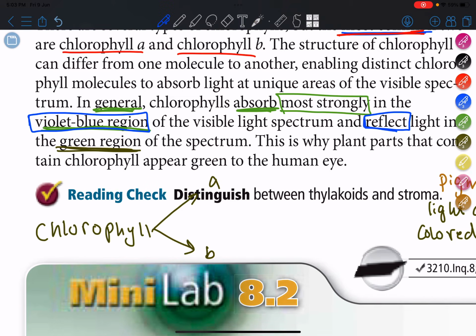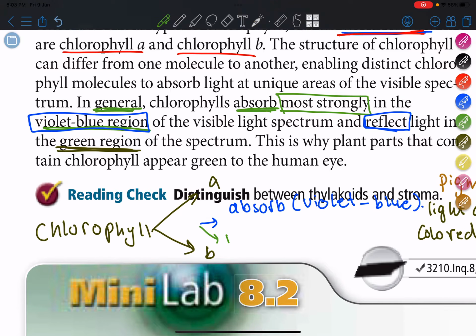What light the chlorophyll molecule absorbs depends on the molecule, but in general, they will absorb in the violet, blue region. They will reflect.